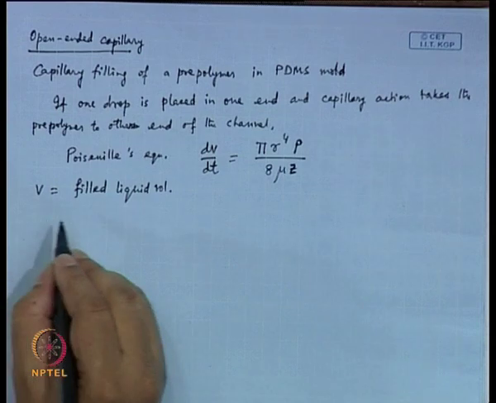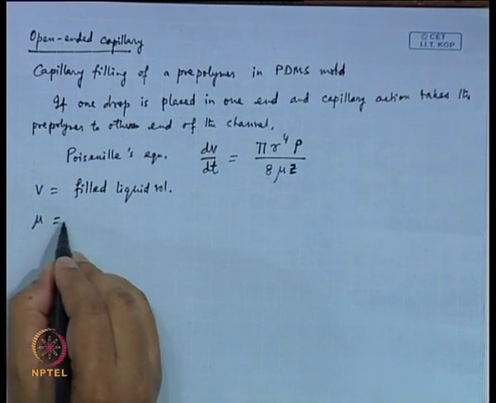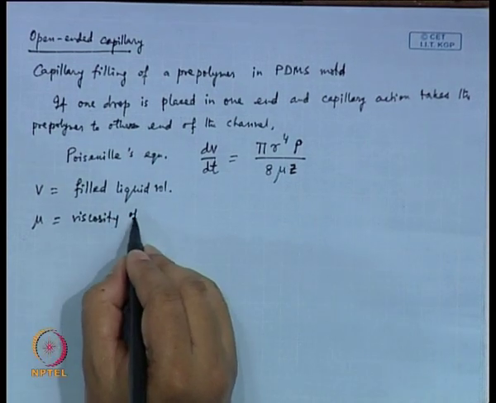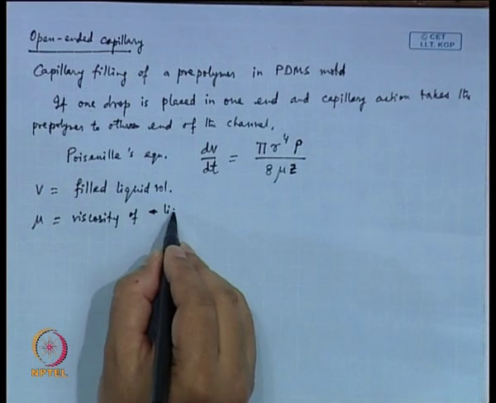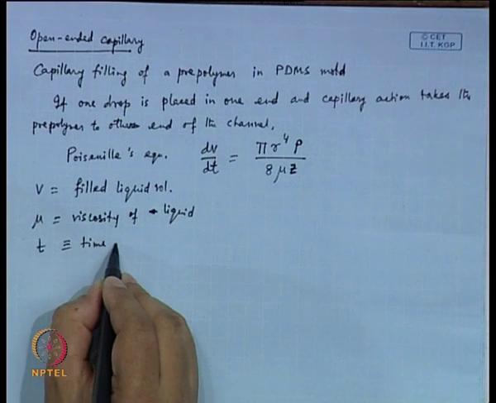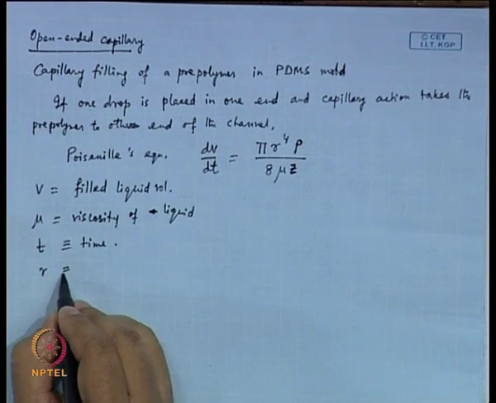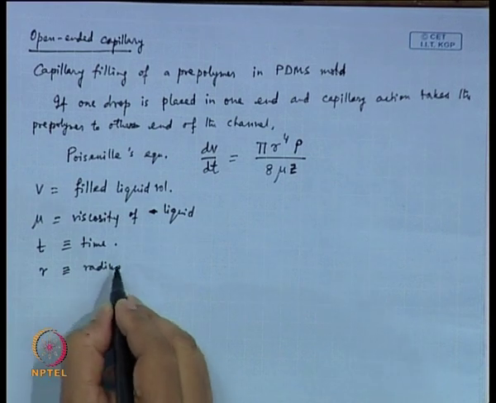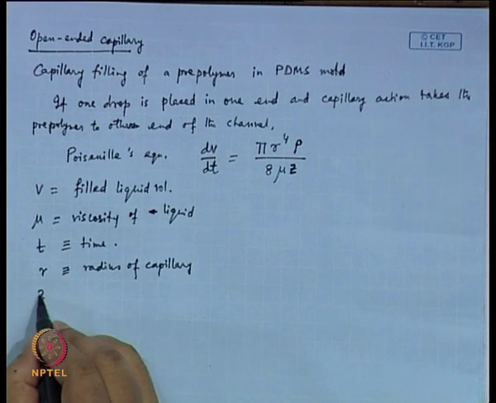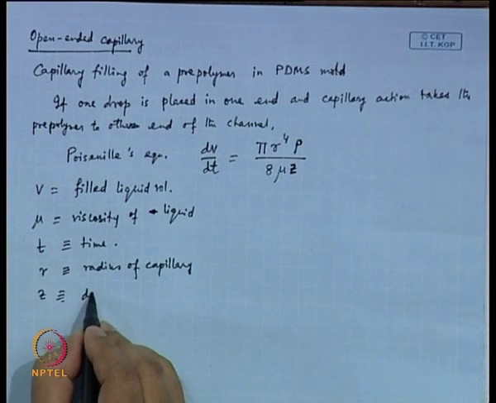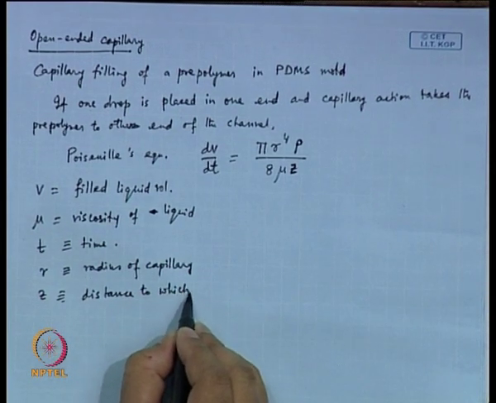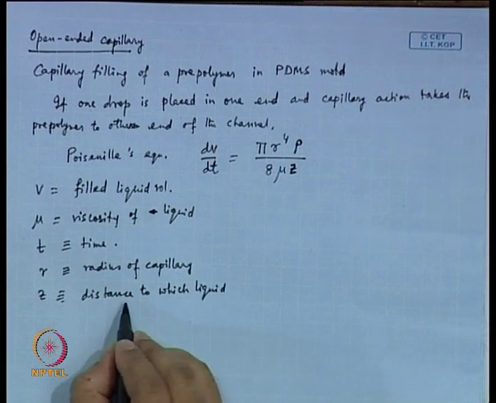What are these terms now? Mu is the viscosity of the liquid, t is time, r is the radius of the capillary, and z is the distance to which the liquid fills the capillary.